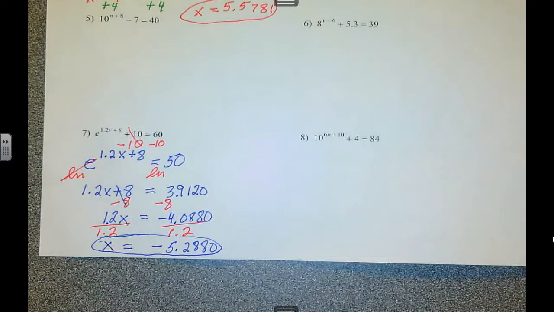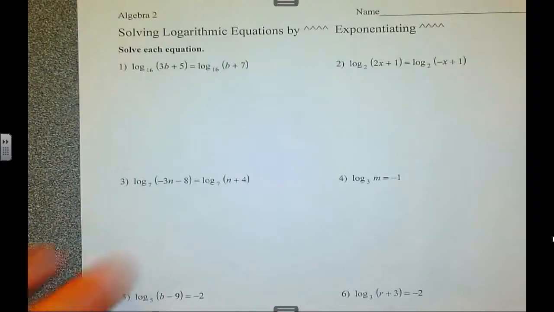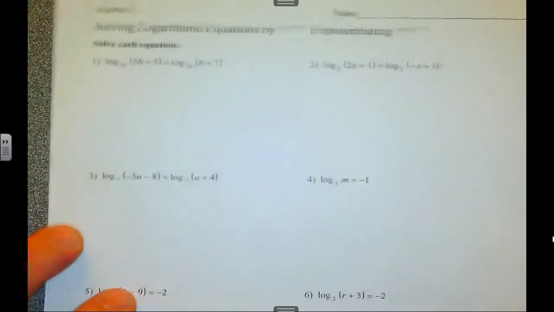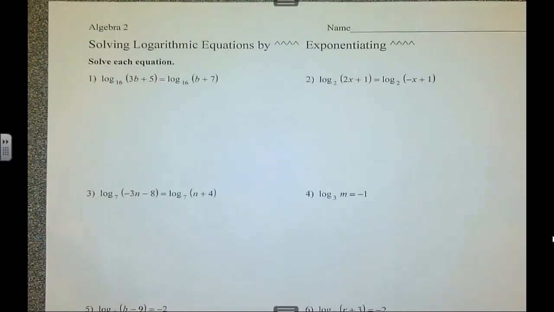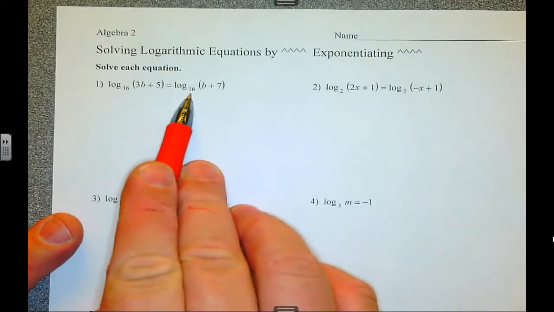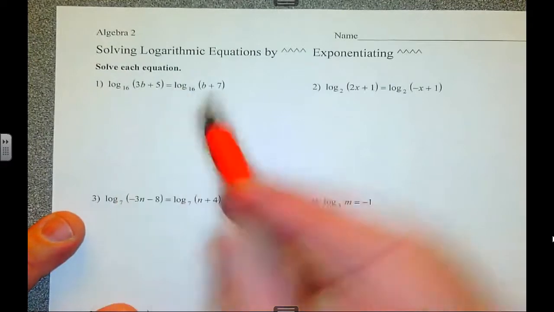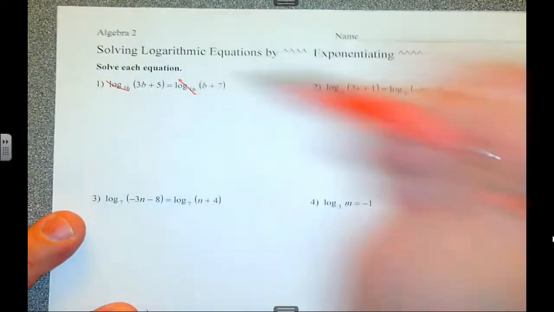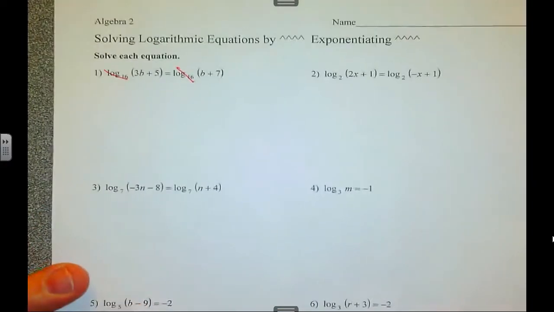Should we do some on your other worksheet? Let's look at your other sheet. Now, remember the other inverse property we had? Where if we had the same log, same base on both sides, they just cancel out. That was my other property.